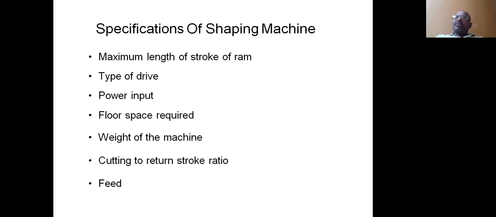The next one is the feed. What is the feed to be provided to the working table? That specification is the distance traveled by the working table for one rotation of the screw. That is called the feed. So the feed is also an important specification for a shaping machine.